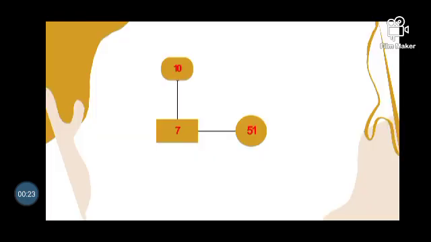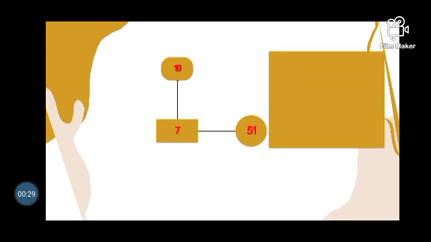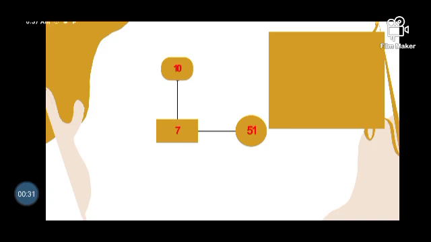Looking at this diagram, our first sample here, we have 10, 7, and 51. How do we arrive at our answers?